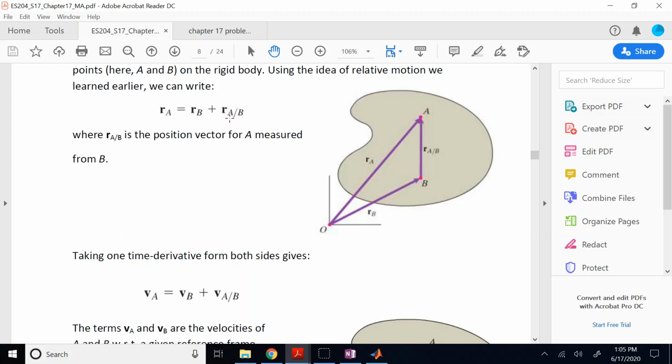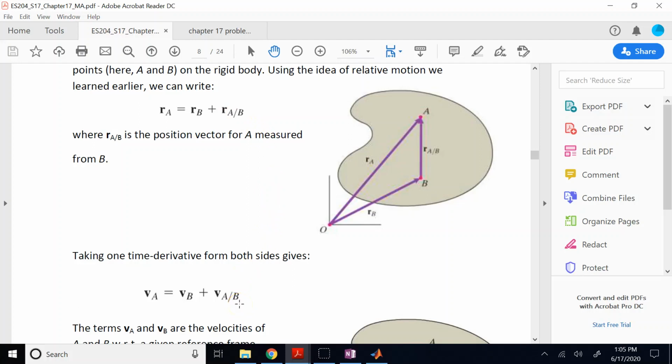But what's specific about R of A with respect to B? This vector, is there anything specific about it? And you might answer yes. The size of this vector, the magnitude of this vector is not going to change, right? Because it's the distance between two points on a rigid body, and we learned that it should not change. So this is a vector with fixed magnitude. So then does it have a time derivative? Yes.